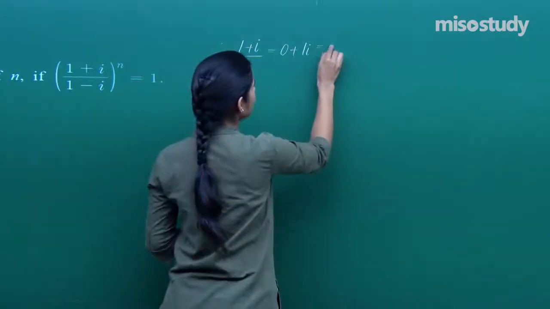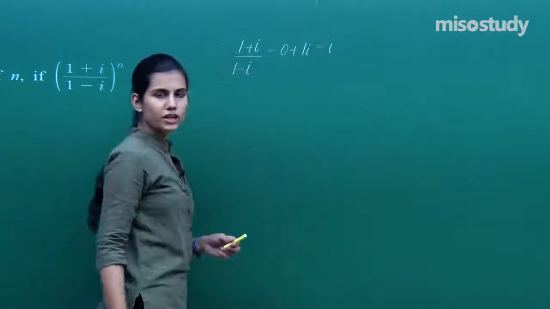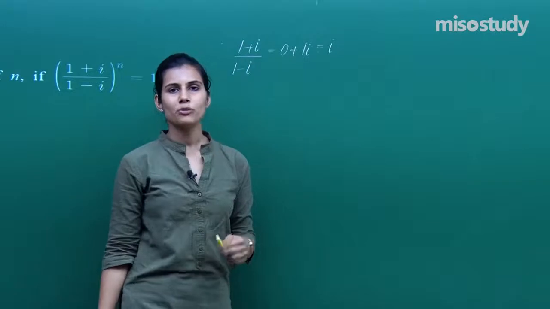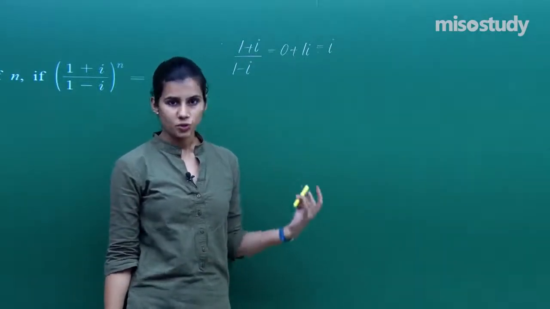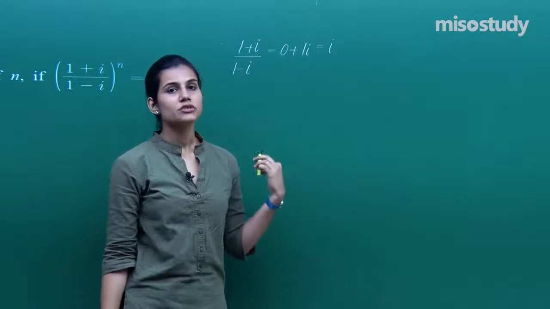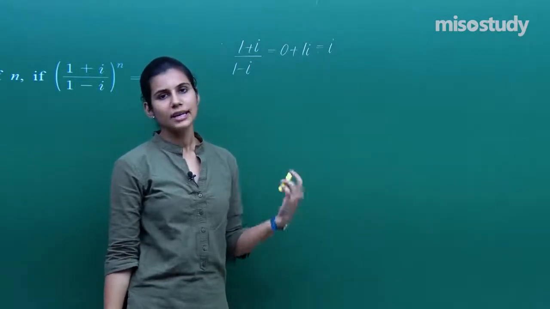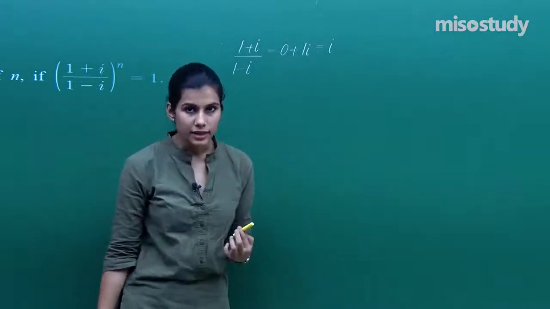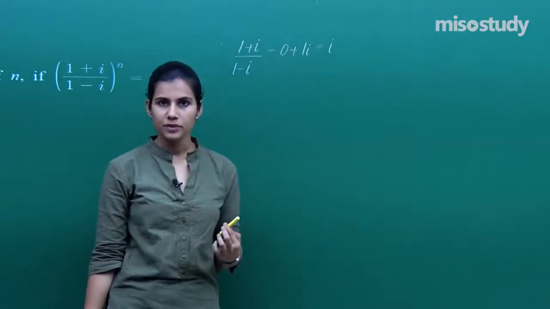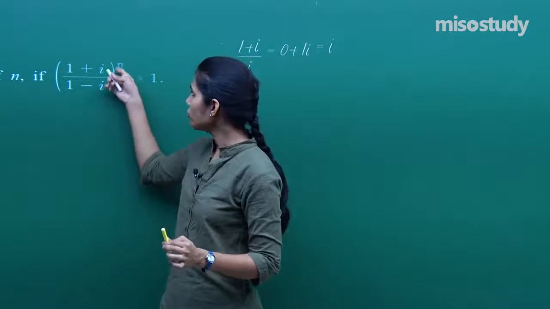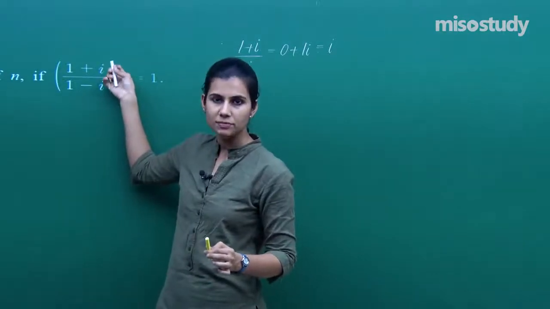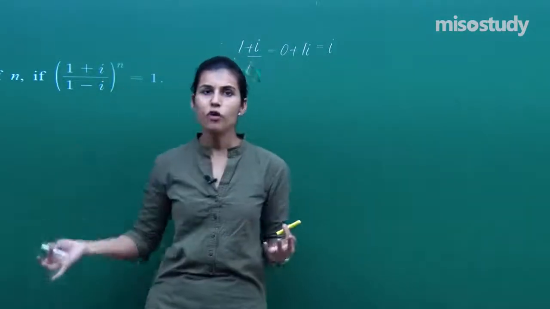That is iota. Corresponding to iota, I know that iota raised to the power 1 is iota. Iota raised to the power 2 is iota square, that is minus 1, iota raised to the power 3 is minus iota, and iota raised to the power 4 is 1. For the first time when iota raised to any natural number as power is giving you 1 is 4.